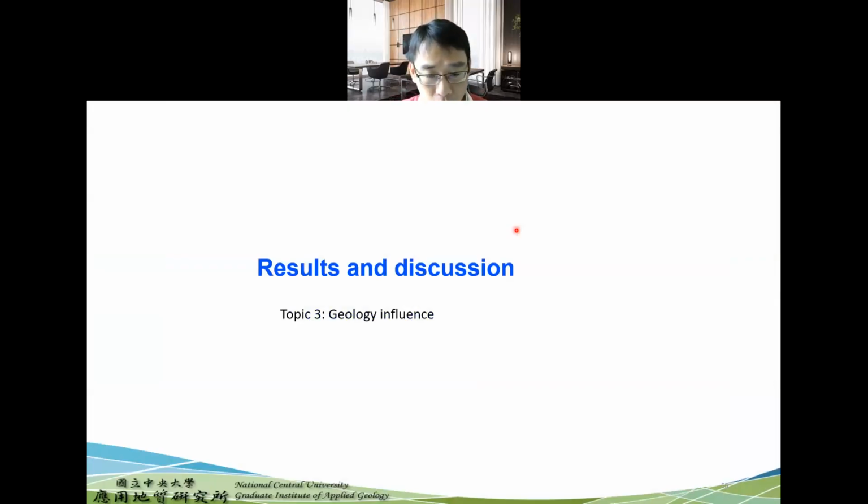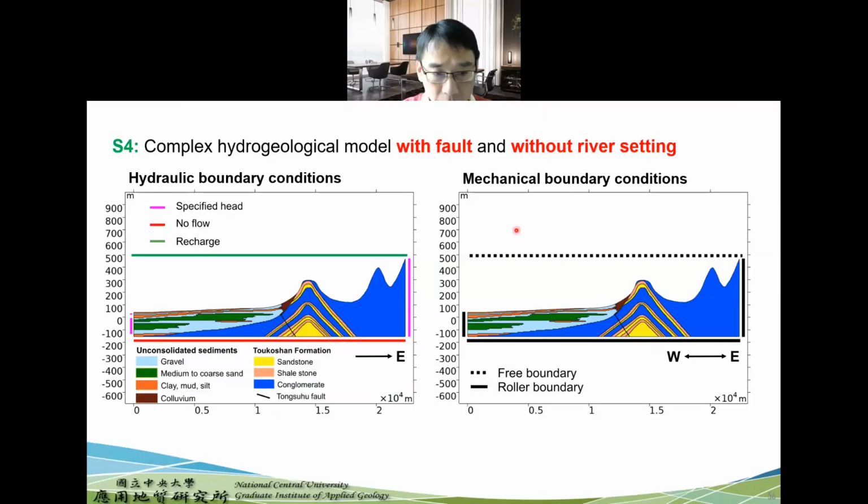And following this, we try to understand the geological influences, because we hope to simulate the behaviors in an approach closer to reality. So we try to understand how the geological system affects the result. And here, this is the same setting, but we consider if we have the fault, if we have the formations, and we also have the side, like the alluvial fan area, with different geological materials, to see how much influence they might have.